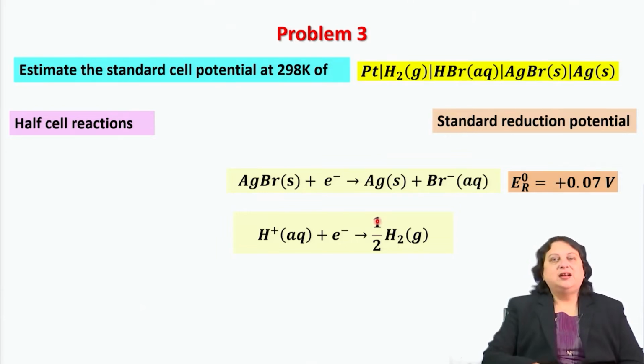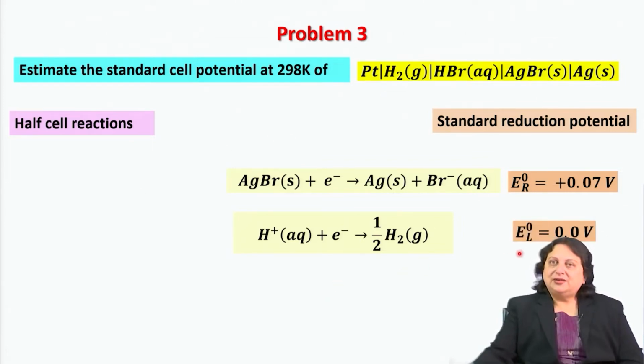Therefore, this half cell reaction corresponds to 1 mole of H plus ion in aqueous solution taking up 1 mole of electrons, giving rise to half mole of hydrogen gas. Since a mole is a very large number, there are still a very large number of hydrogen molecules in half mole of hydrogen gas.